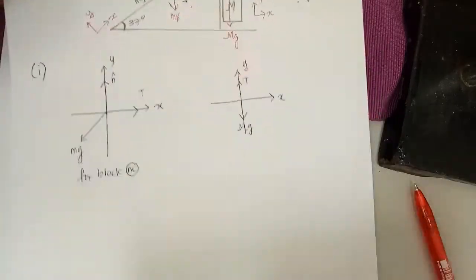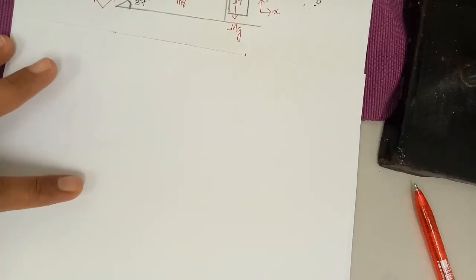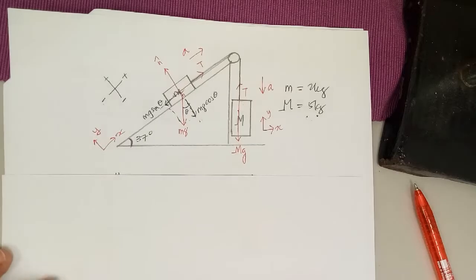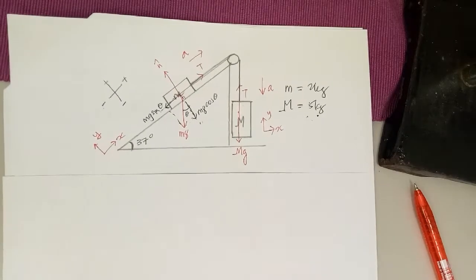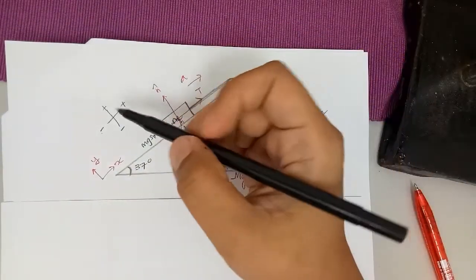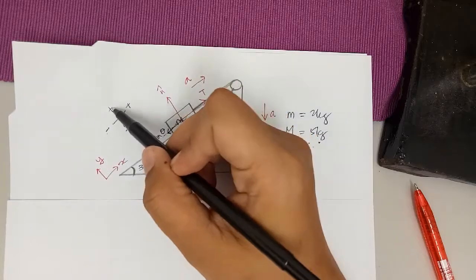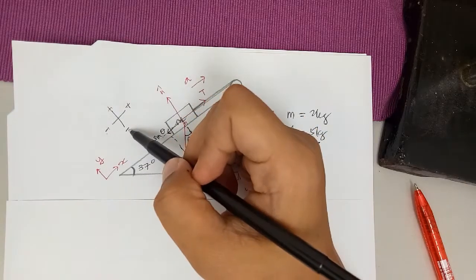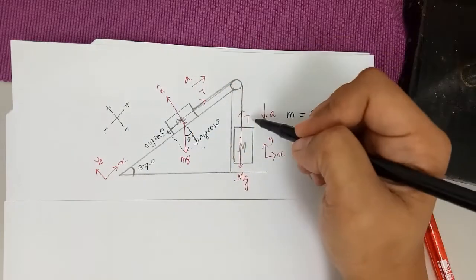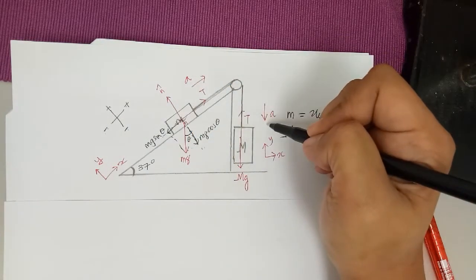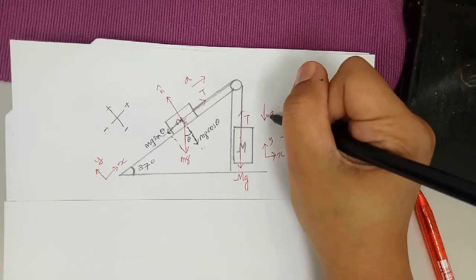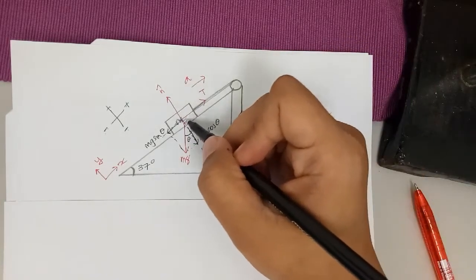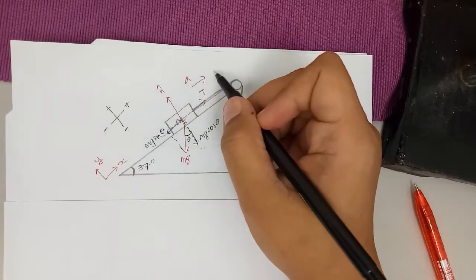Based on the free body diagram, we can derive the equations of motion using Newton's second law. First we need to define that all forces going up and to the right are positive, and forces going to the left and going down are negative. Remember, block M is going down, so its acceleration is negative by direction, and block M will pull the smaller block to this side, so its acceleration is going to the right.